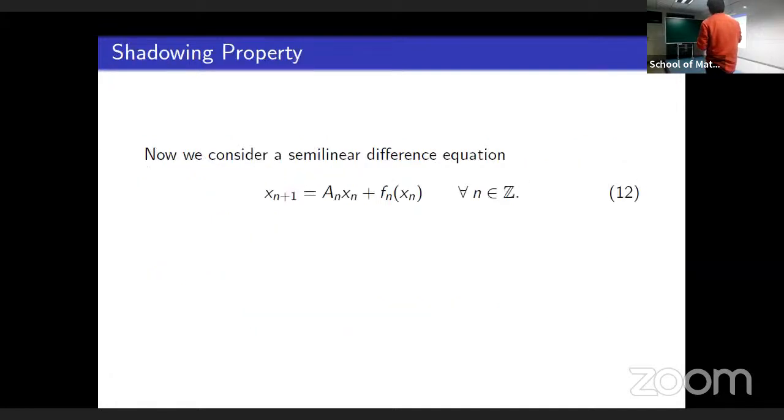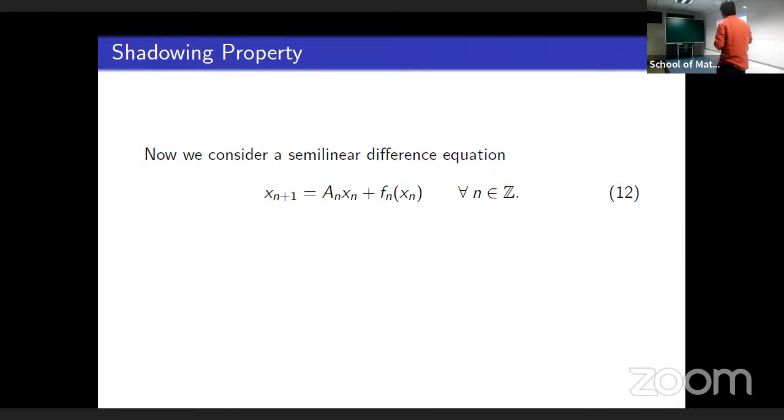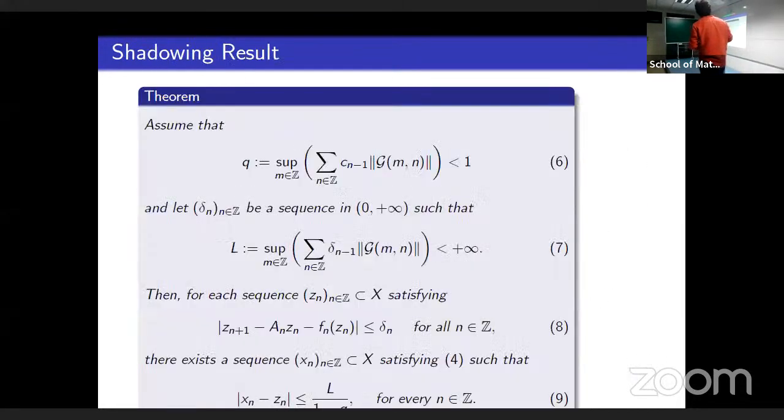Now again we consider this semilinear difference equation where fn's are Lipschitz functions with the Lipschitz constants Cn's, but this time we choose our Lipschitz constants Cn's as a single constant C and the error term delta n as a single constant delta. Then we just need to choose our C appropriately so that conditions 6 and 7 are satisfied, because these are the conditions 6 and 7 of the theorem.